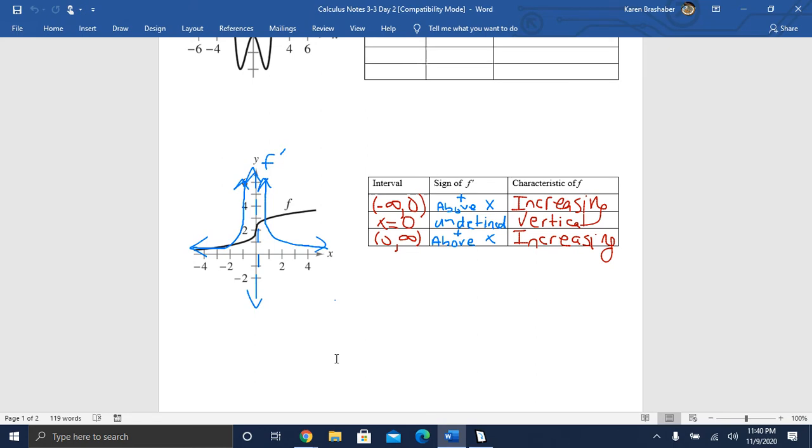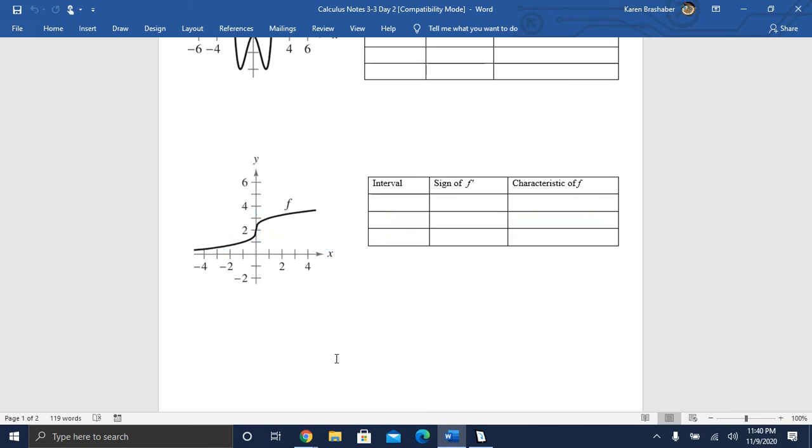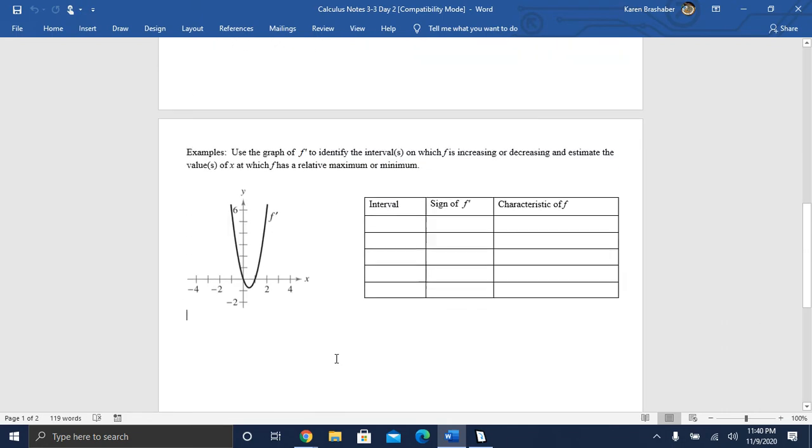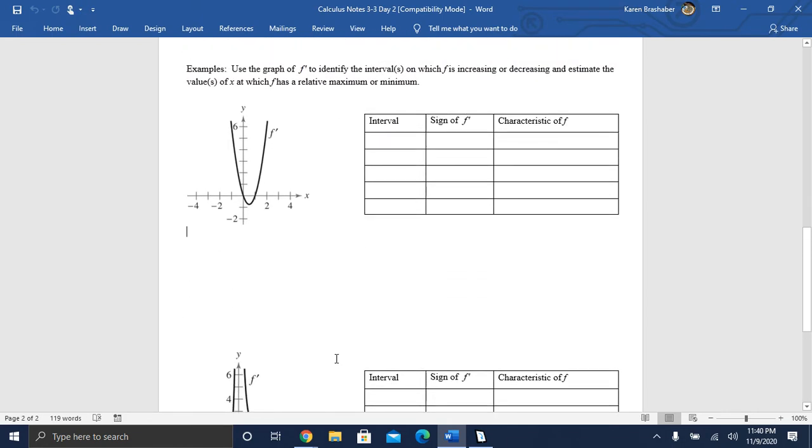I'm going to move to the back and we'll do the last two. So on this, you have to switch your thinking a little bit. Here you know the derivative, and we have to find the original function.